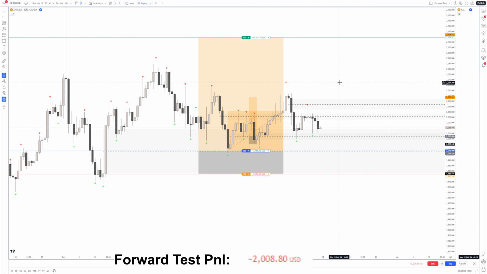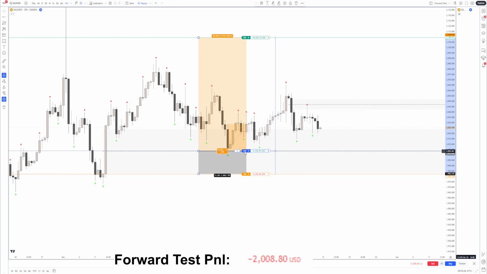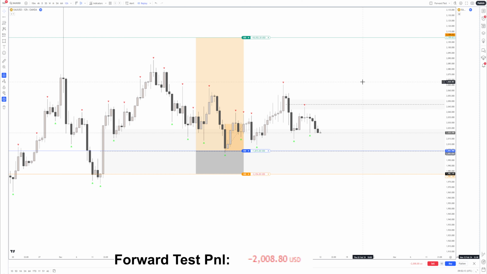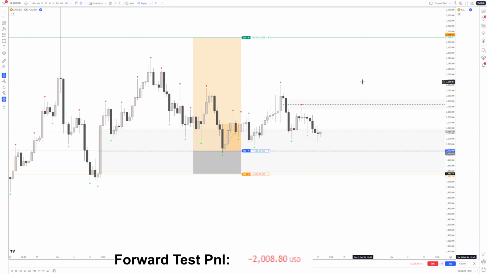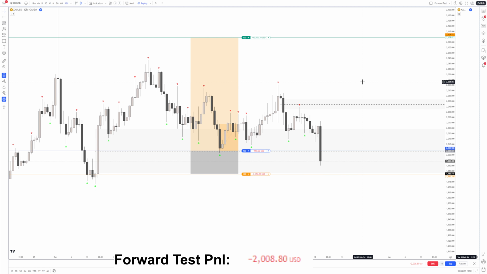So anyways, let's carry on and let's just get rid of some of these old fair value gaps, and let's get rid of this, and let's just make sure that price, okay, so far okay.